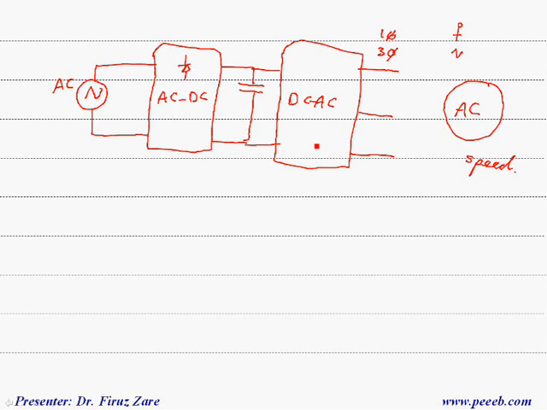This type of converter is designed based on this type of switch, that means IGBT, with the diode. This converter operates at high switching frequency, while this one operates at line frequency.